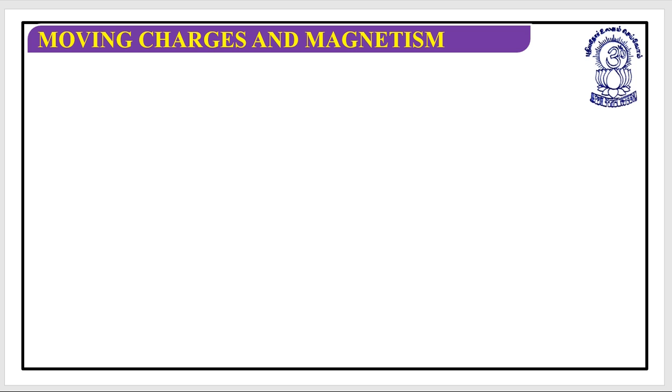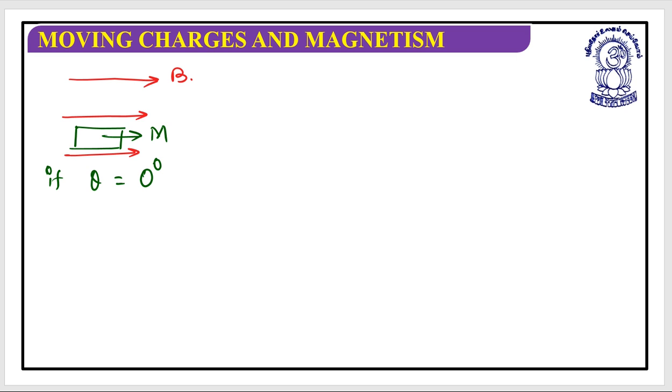So let's assume that this is the direction of the magnetic field, and my magnetic dipole has been placed like this. This is the direction of m. If theta is equal to 0, torque is mB sine theta.